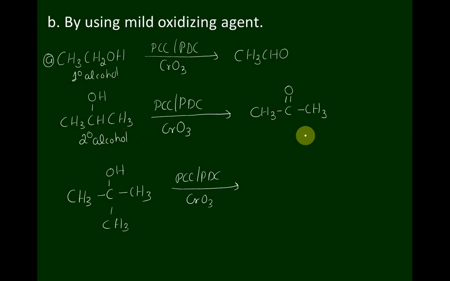These ketones do not undergo further oxidation, whereas tertiary alcohols do not show any effect. Tertiary alcohols do not undergo oxidation with a mild oxidizing agent. Like this, mild oxidizing agents convert alcohols into respective compounds as shown.